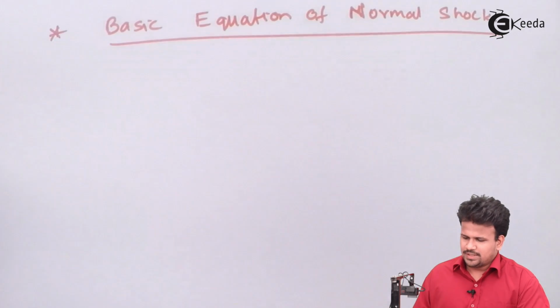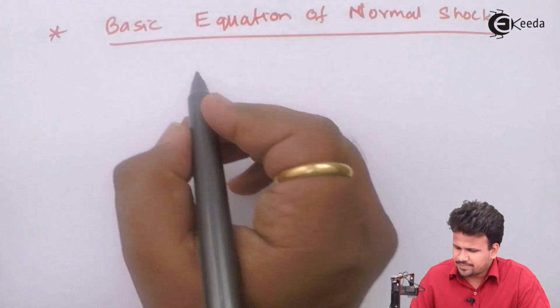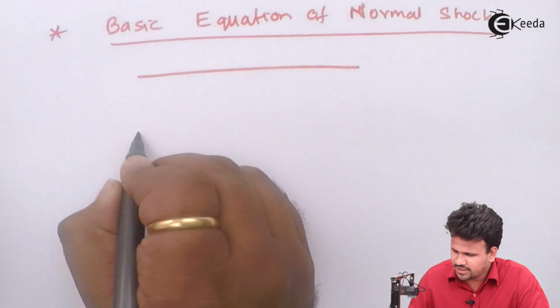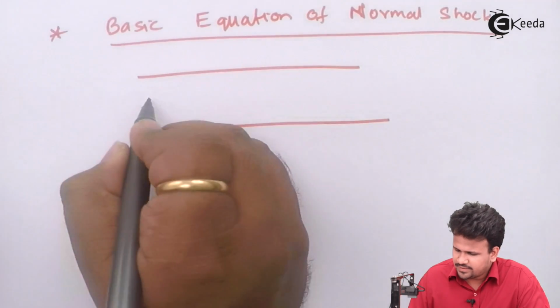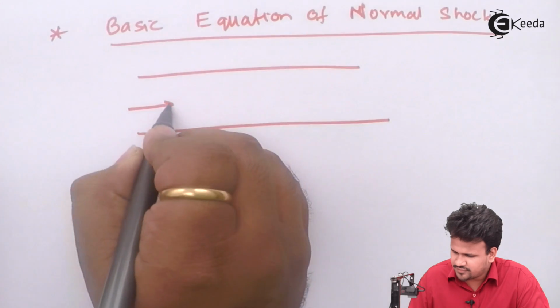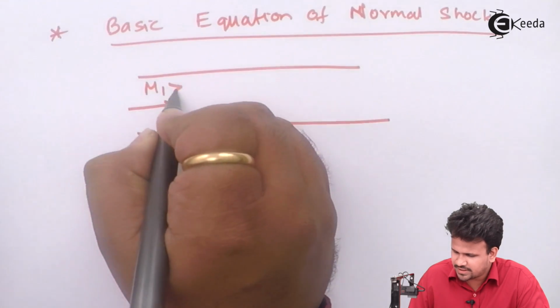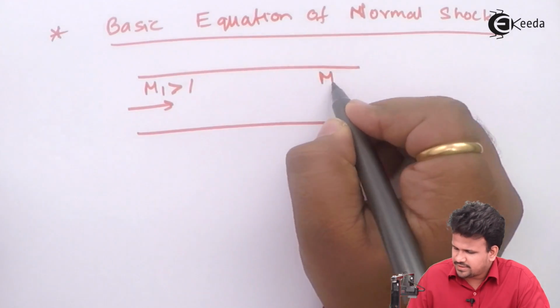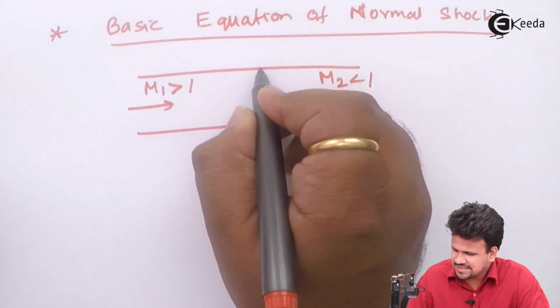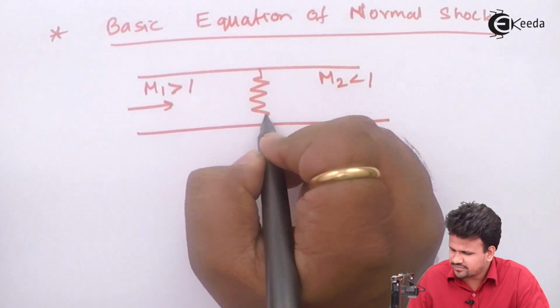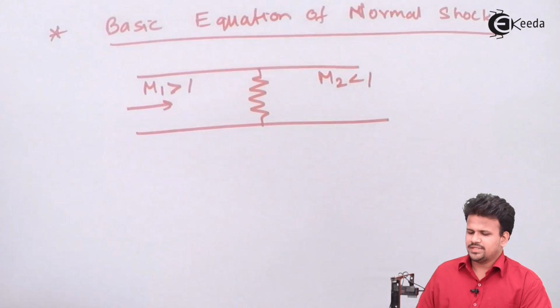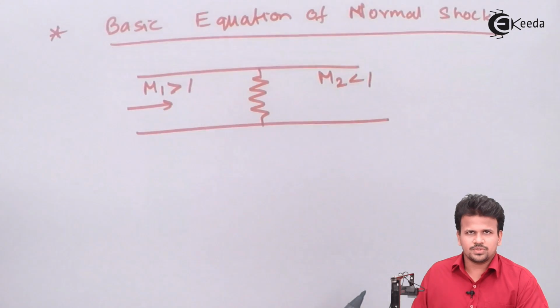of normal shock. Now in a normal shock what happens is we have a duct supposingly, and in one side of the duct we have a velocity which is greater than Mach number, and here we have a velocity which is less than Mach number, during which there will be a creation of a shock. This shock wave is called a normal shock.